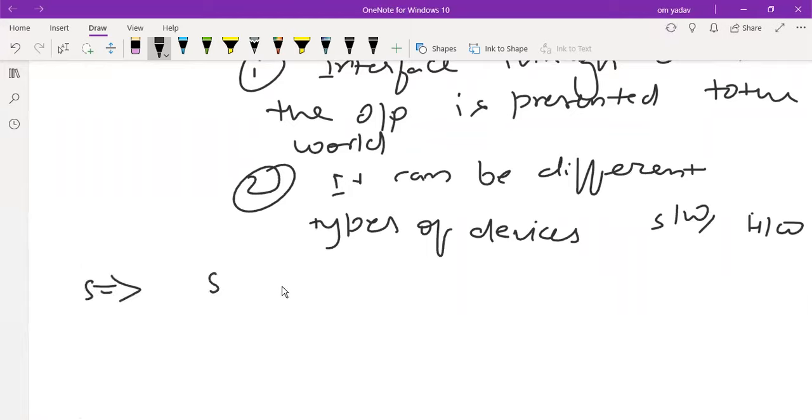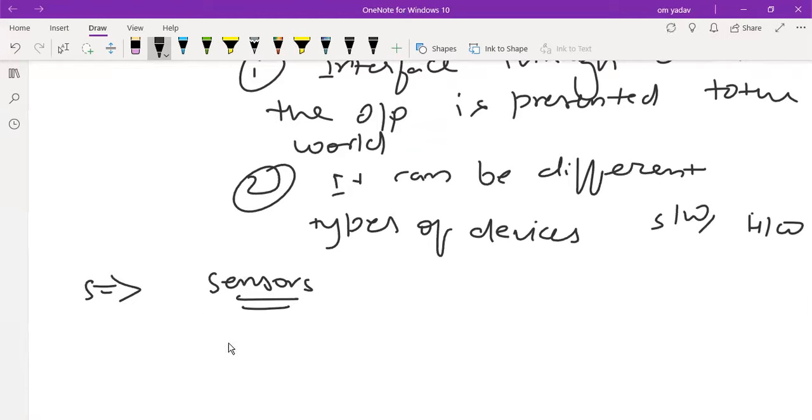So S is nothing but your sensors, right? Sensors are basically the interface through which the input is taken from the real world. Our agents will keep sensing data from the environment by using these sensors.